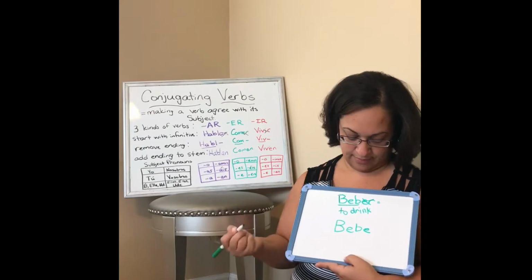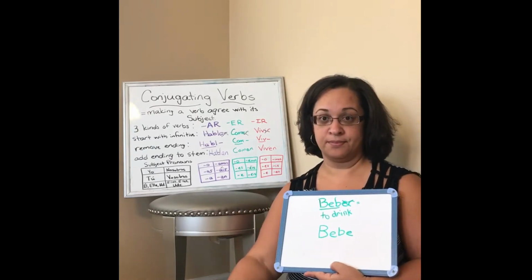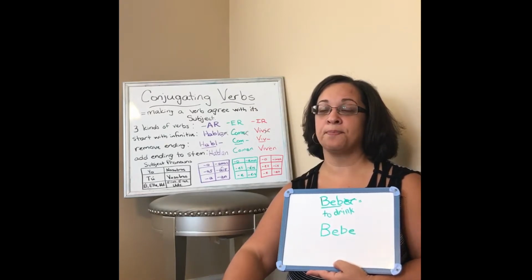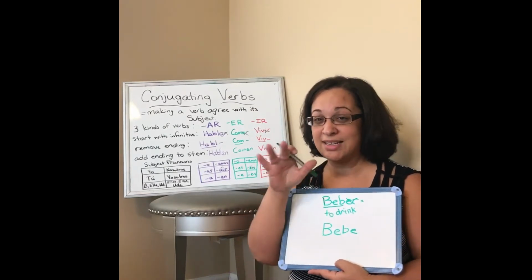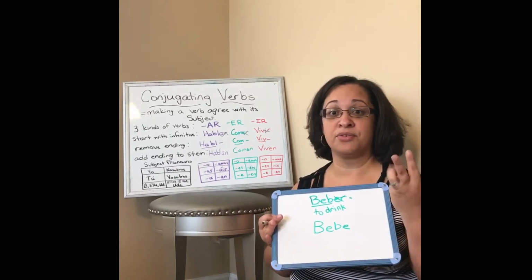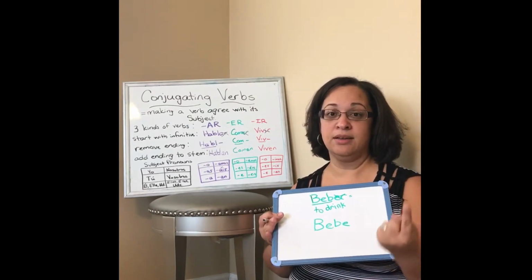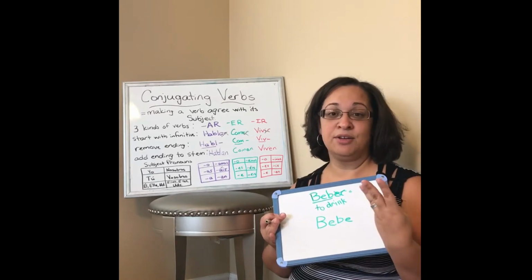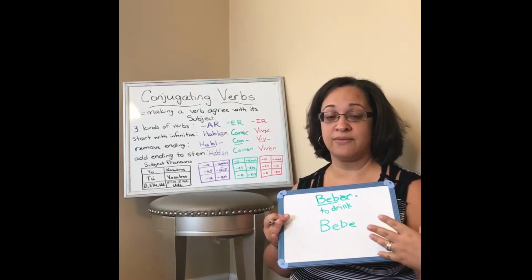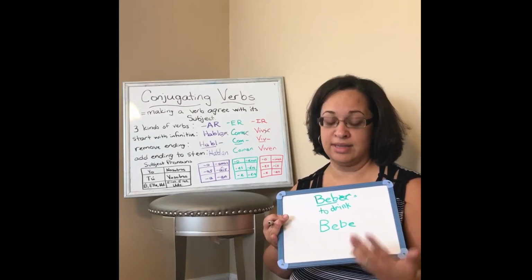So, bebe. Okay? This is where that rule of omitting the subject pronoun gets a little gray, right? Because in this case, it could be one of three people. It could be he, it could be she, and it could be you, formal. So here, you might want to clarify who you're talking about in the sentence.